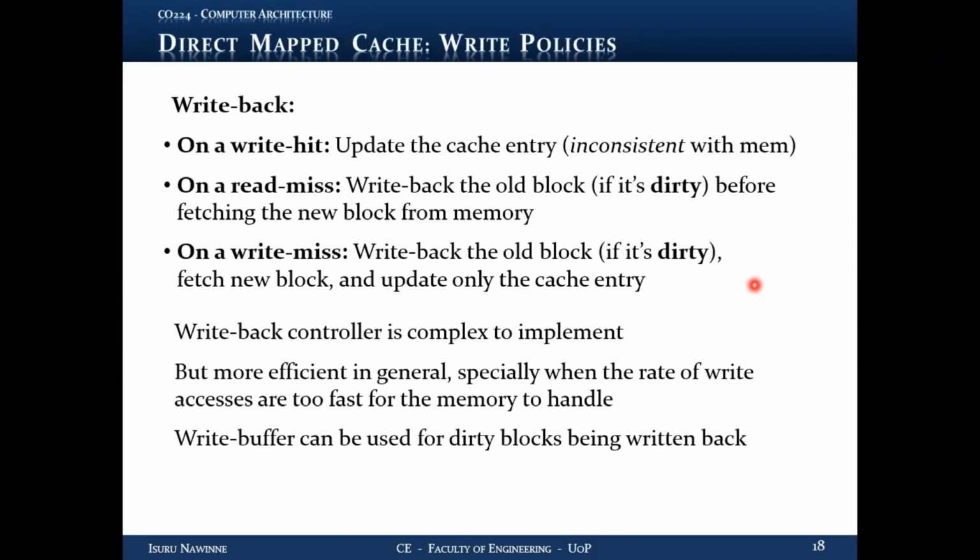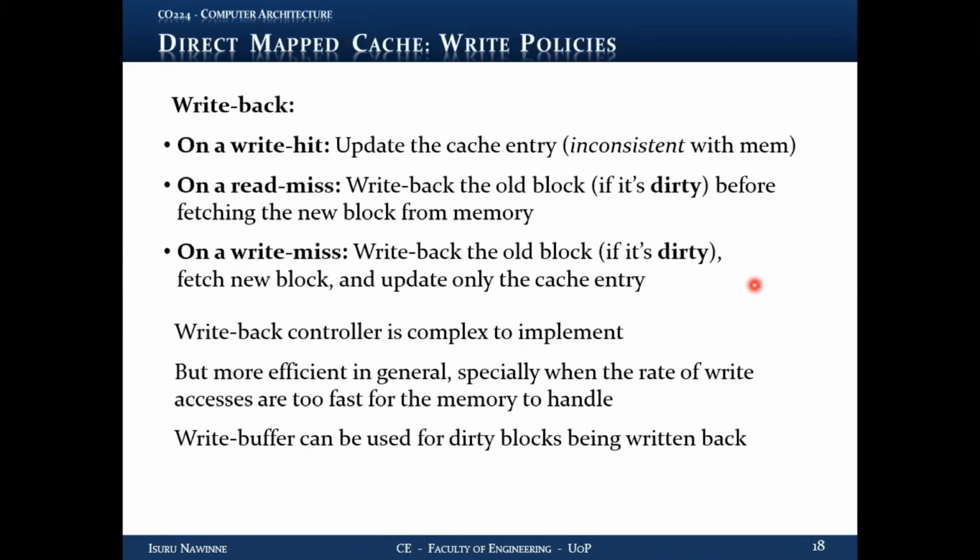especially when the rate of write accesses is too fast for the memory to handle, right? If you have a lot of write accesses coming from the CPU, the memory usually can't handle all those writes at the same speed. So if we had a write through controller, we are going to be jammed, right? We are going to be bottlenecked on the memory.